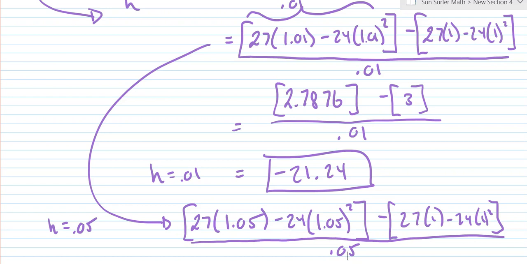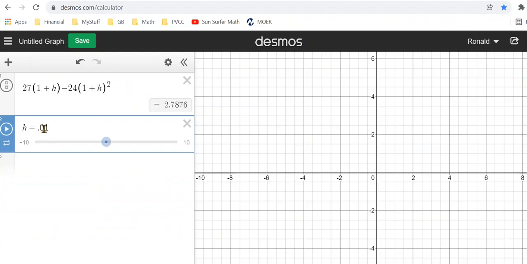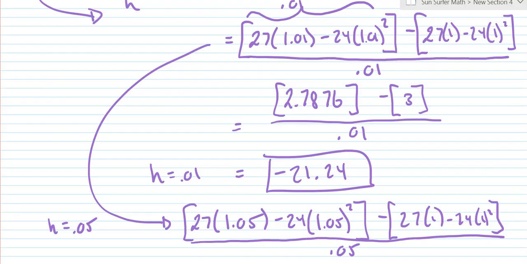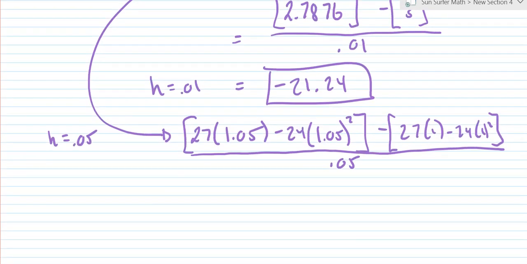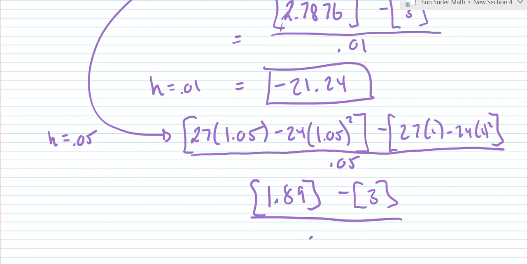So going back to Desmos, I'm just going to change the slider from 0.01 to 0.05. And so now it's letting my h value be 0.05. So that is now 1.89. So this whole first part becomes 1.89. And again, this is going to be minus 3. And then divided by 0.05.